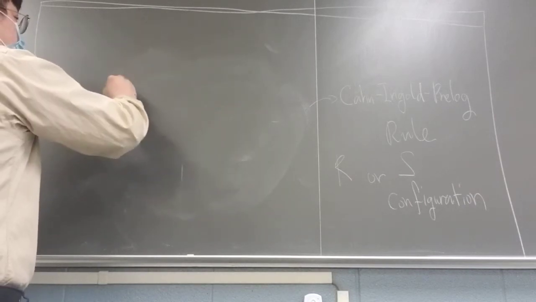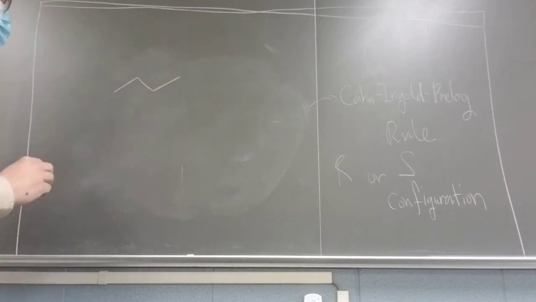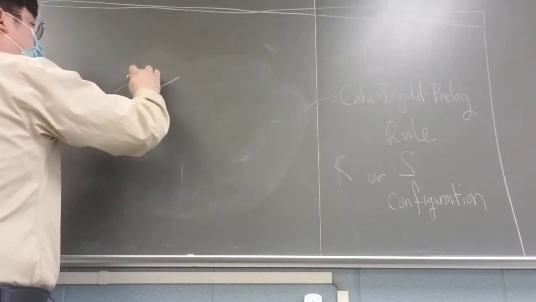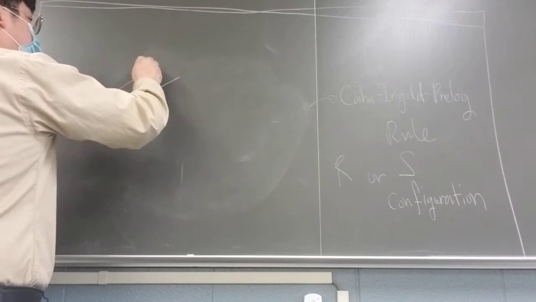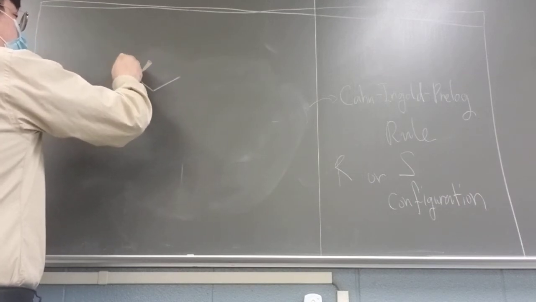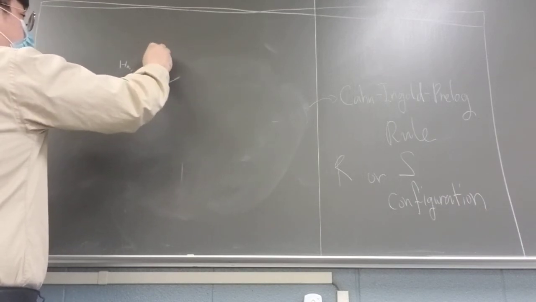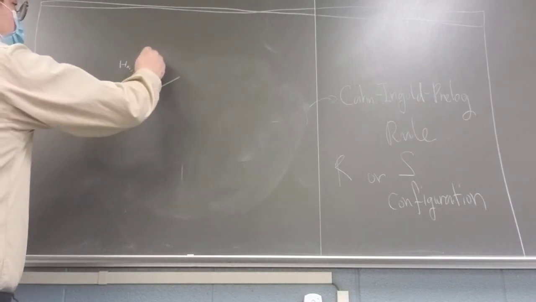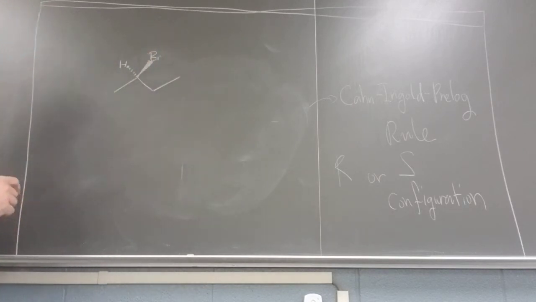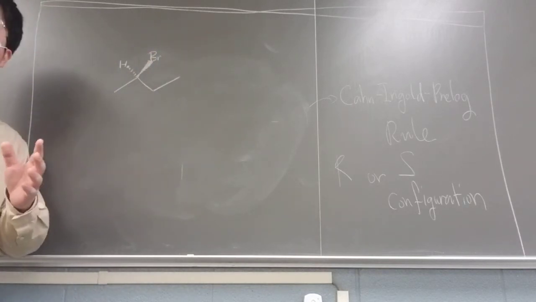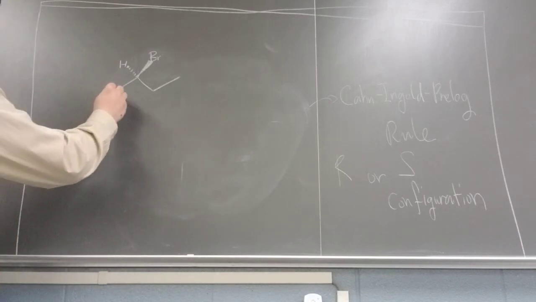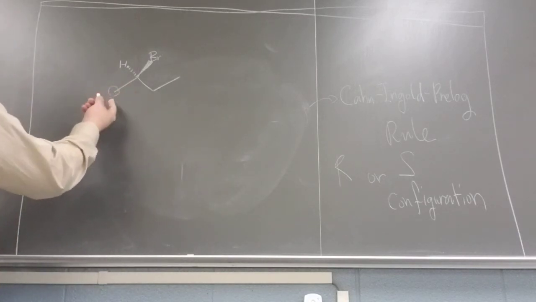So if you have an organic compound, it looks like this. Here we have 2-bromobutane, right? So we have this compound over here, and the first job you need to do is try to find the chiral center first. If you look at this carbon over here, this is a terminal carbon.